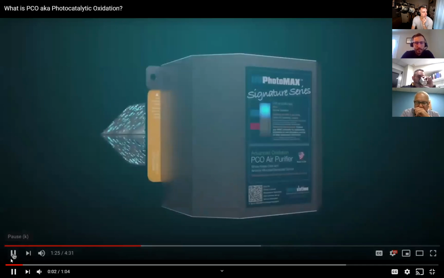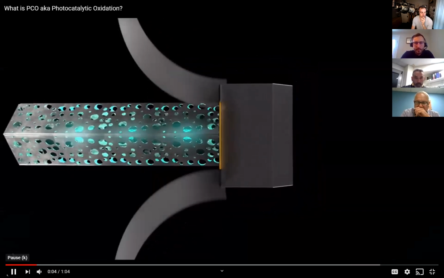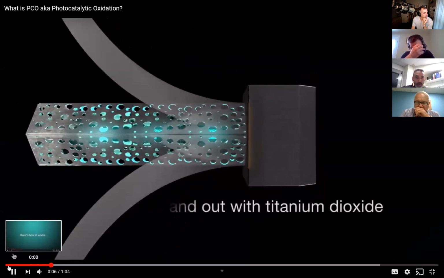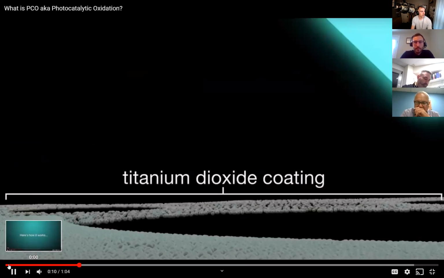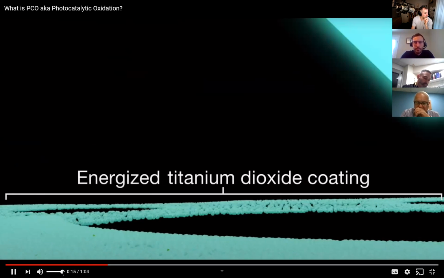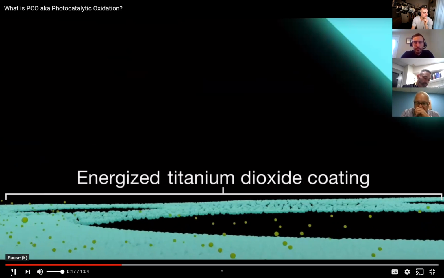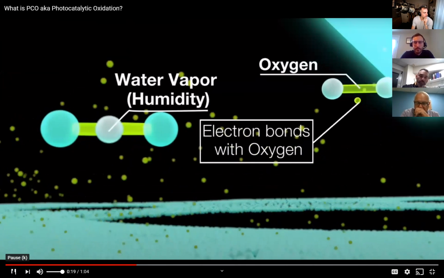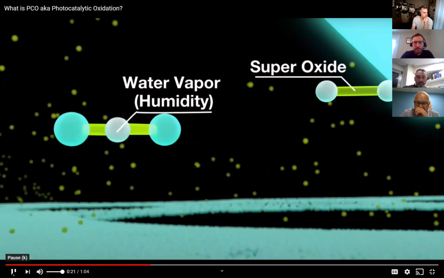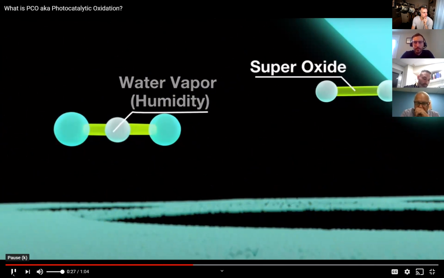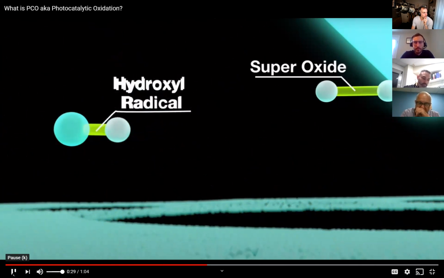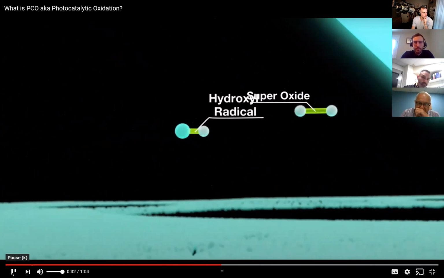Here's how it works. The UV UltraMAX Advanced Oxidation Module is coated with an exclusive titanium dioxide formulation. When UV light is applied to the surface, the titanium dioxide coating becomes energized, causing it to release electrons. The electrons then combine with oxygen to create what are known as superoxides. The titanium dioxide then collects replacement electrons from moisture in the air to become charged particles known as hydroxyl radicals.